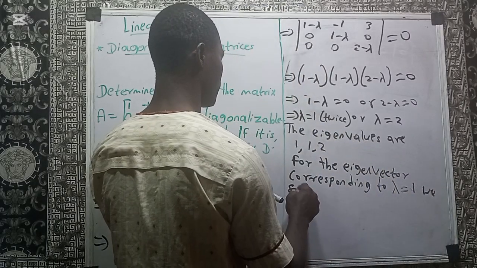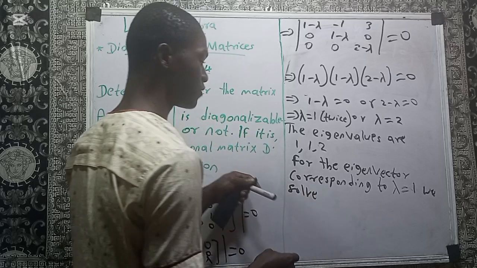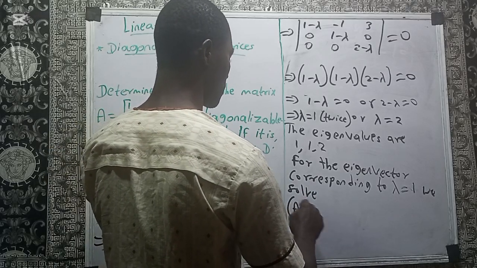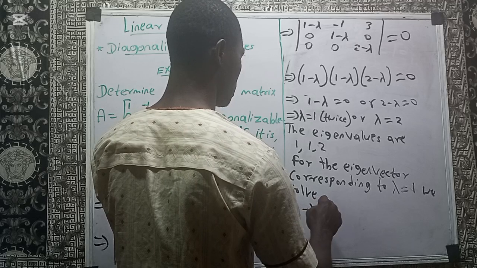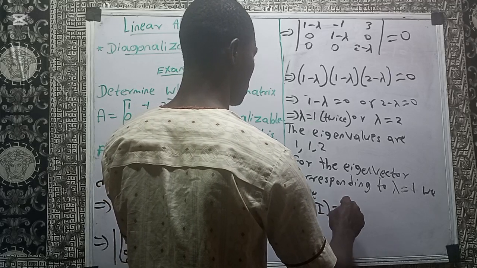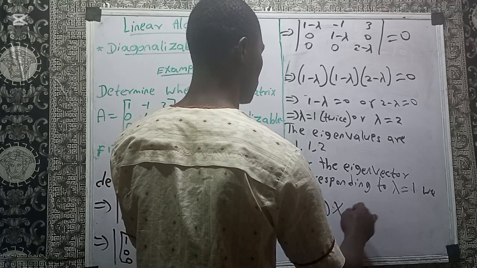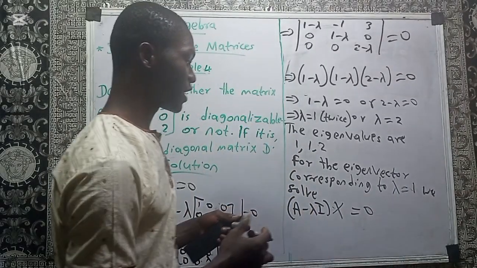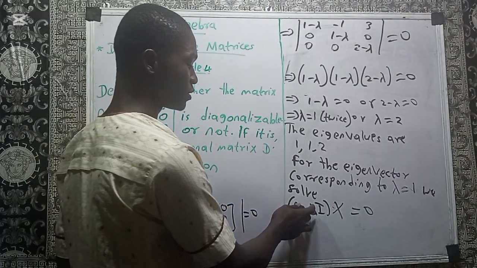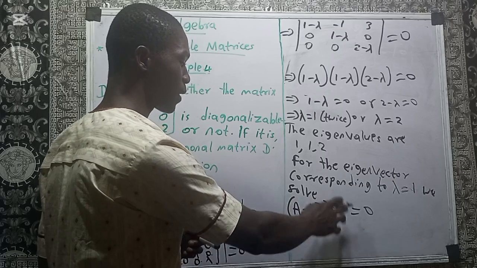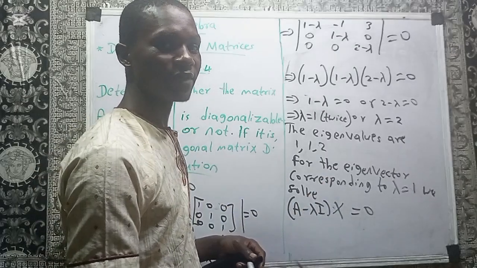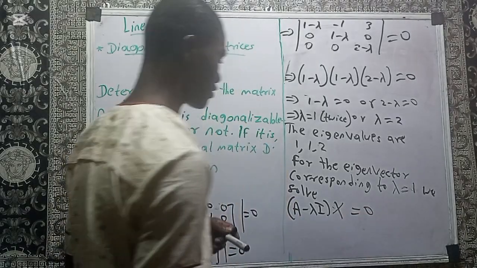We solve this equation, A minus lambda I multiplied by capital X equated to 0. This is the general equation you are going to use to find the eigenvectors. This capital X is the eigenvector you are looking for, and 0 is the zero matrix.